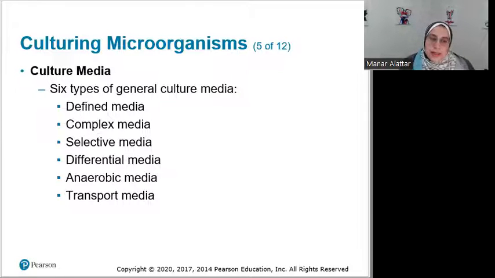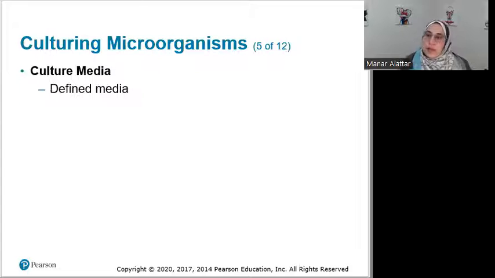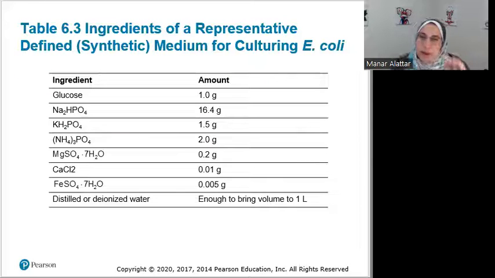So defined media would be, actually, it's not very common that we use this in our lab, but it would be if you were trying to grow a microorganism with very specific nutrient requirements. And you would have a very specific ingredient list of chemicals, like for this, for example, for culturing E. coli, although E. coli will grow in other types of media as well.